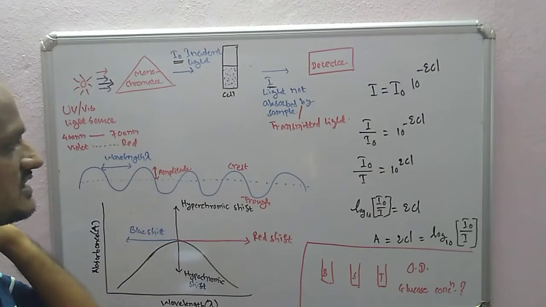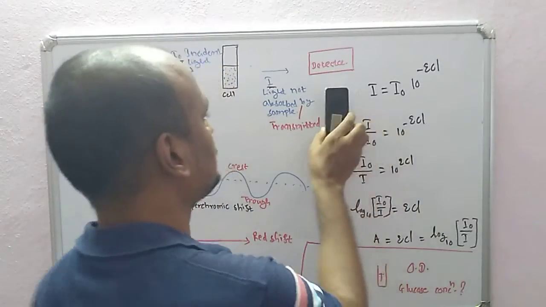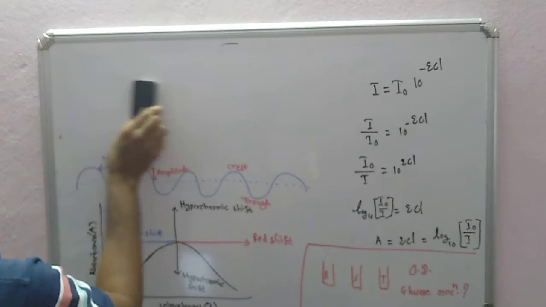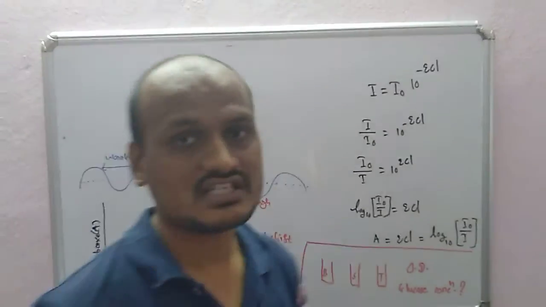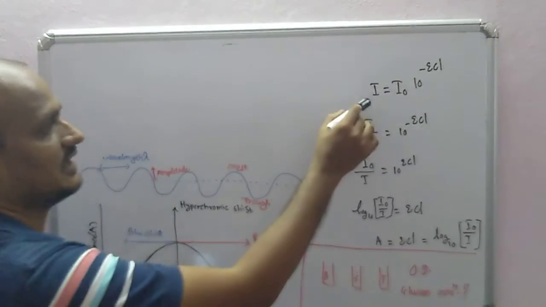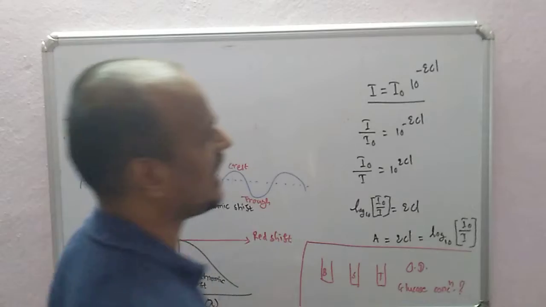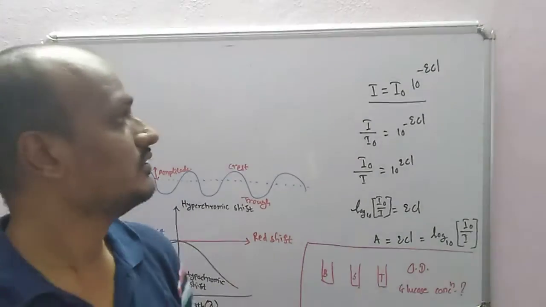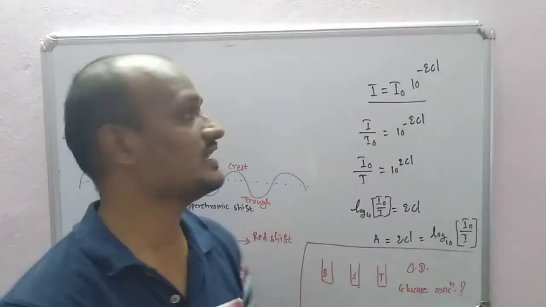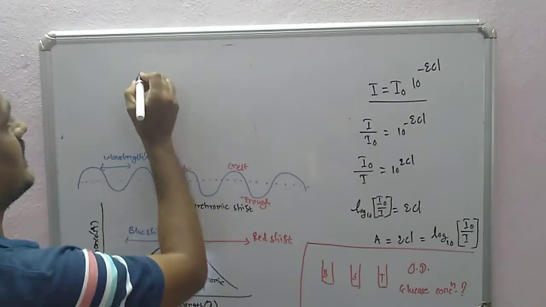Now how to measure concentration? So this part is over. Next, concentration measurement. We have incident and transmitted light, and there is a formula for this: I is equal to I0 multiplied by 10 raised to minus epsilon CL.